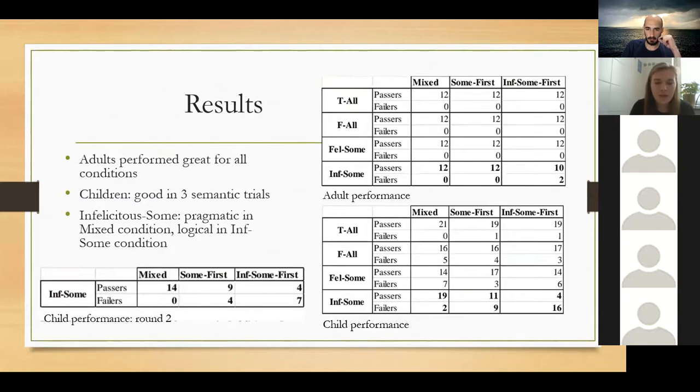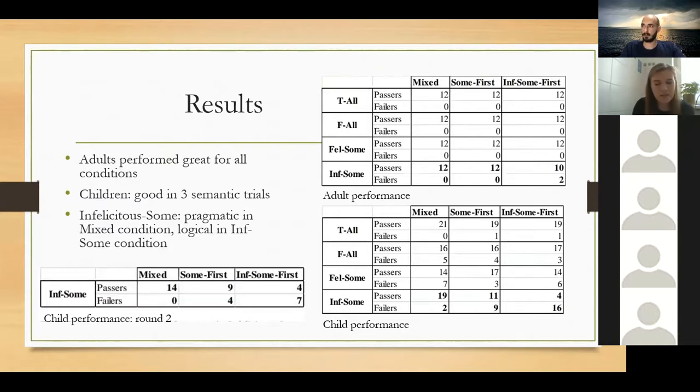And you can see there are, for the mixed condition, 14 passers and 0 failures. For the sum first condition, 9 passers and 4 failures. And for the infelicitous sum first condition, the results were again the worst, because there were only 4 passes and 7 failures.